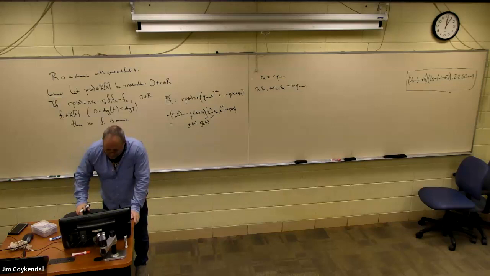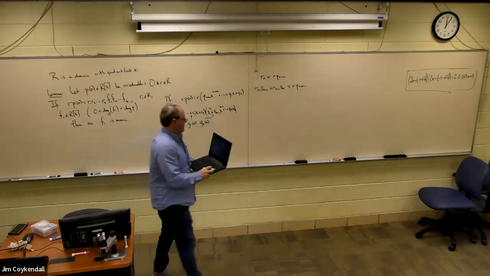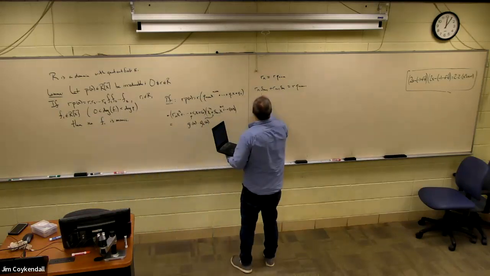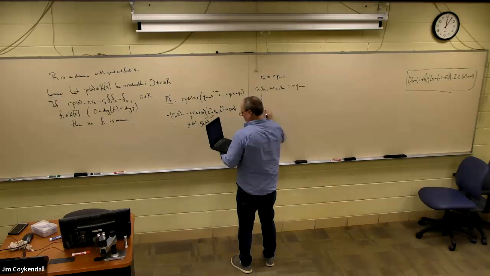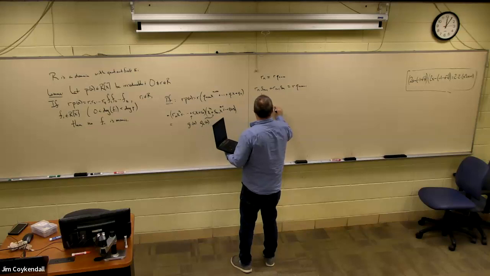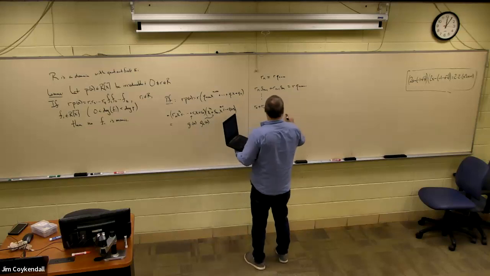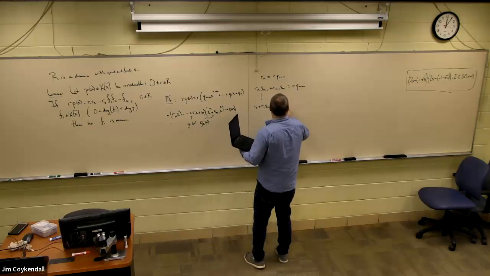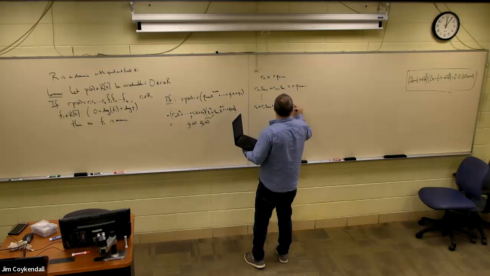And I keep going until finally, so I don't get everything wrong, R0 plus R1 S0 plus Rm S0 is equal to R.